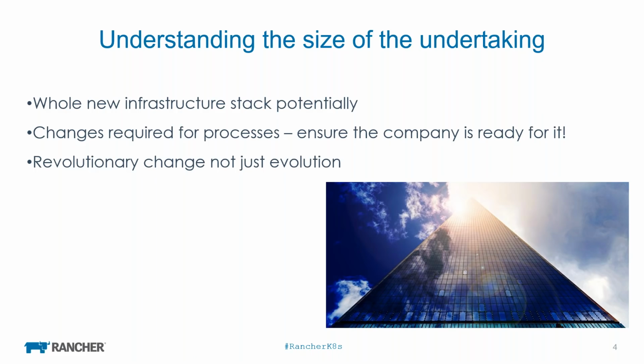Now, I'm going to discuss a few ways where you can try and make this slightly simpler on the organization and increase the positives of implementing Kubernetes as well. And I'll go through that in a few slides. Like I've said, technology is typically the easy part.